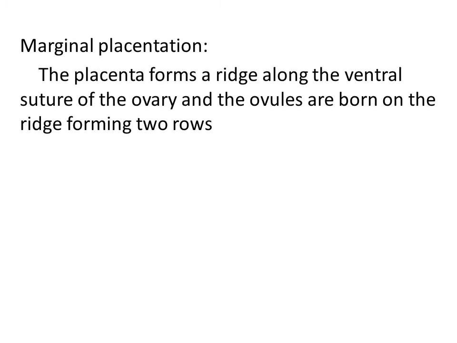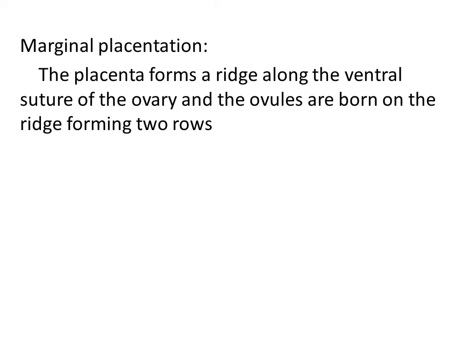So what is the position of placenta in the marginal placentation? What kind of placentation is called marginal placentation? In the marginal placentation, the actual position of the placenta is along the ventral suture of the ovary. Along the ventral suture of the ovary, the placenta forms a ridge, right?